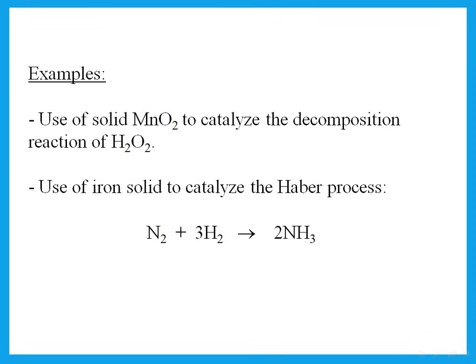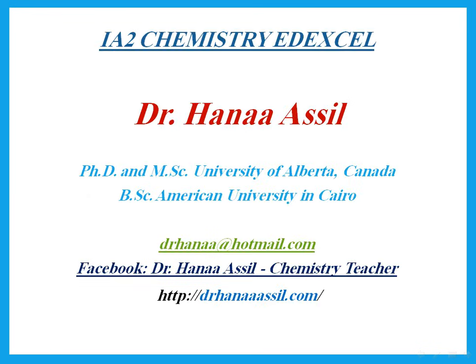For example, the decomposition of H2O2 requires a catalyst like manganese dioxide, which is a solid. Or the Haber process, where we have nitrogen gas plus hydrogen gas to give ammonia gas, and in this case, my catalyst was iron as a solid. So this is heterogeneous catalysis.